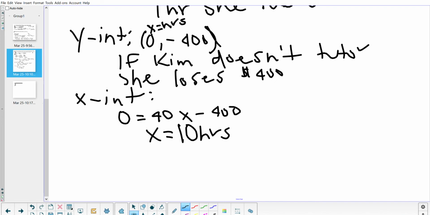If she works 10 hours, that means she makes $400 tutoring, but then you subtract the $400 from the rent that she has to pay. So she has to work 10 hours just to break even, is what this means. She would make $0.